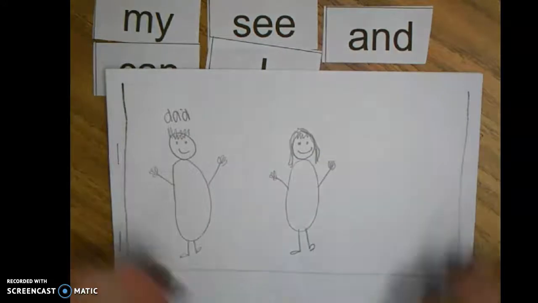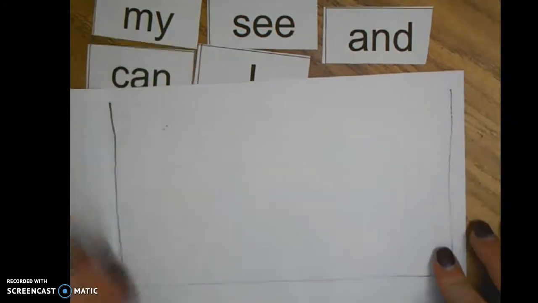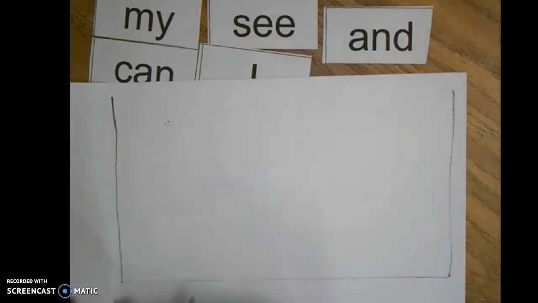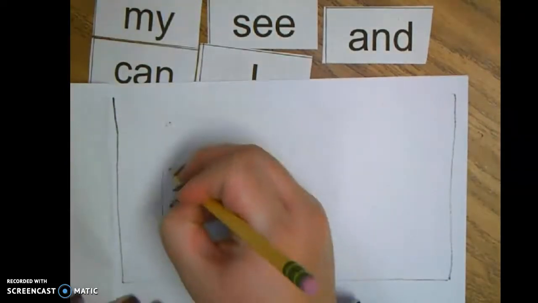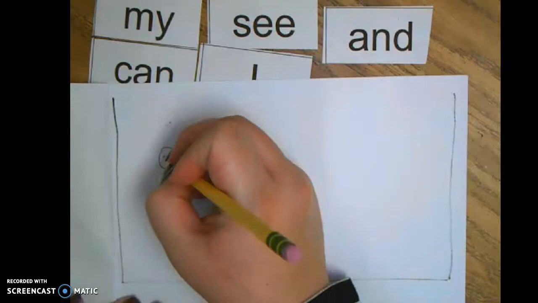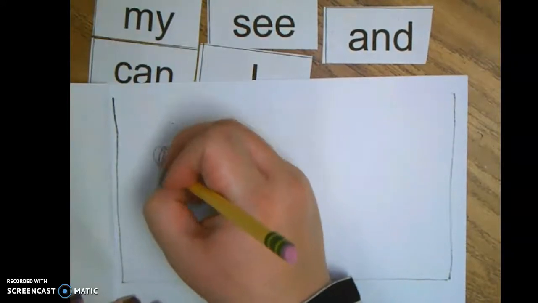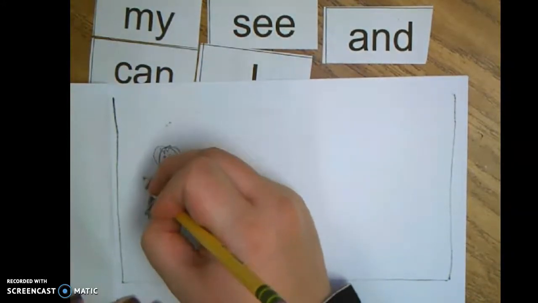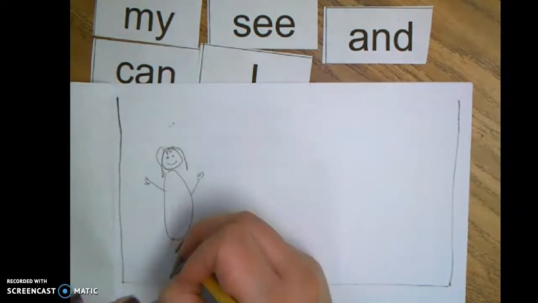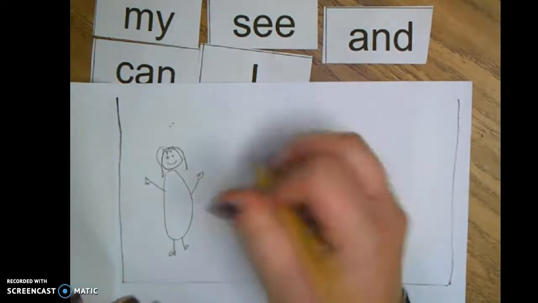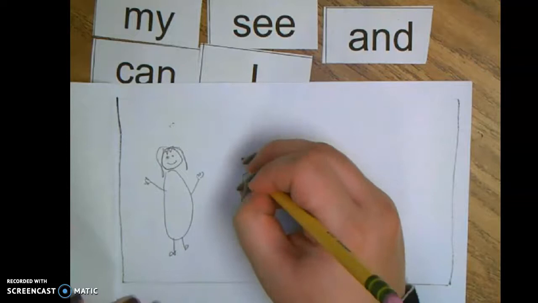Okay? And on this next page, I want to talk about my sisters. Okay? So I have 3 sisters, so I'm going to draw their pictures. Remember, this book is all about your family. So I'm going to talk about my family. Okay?